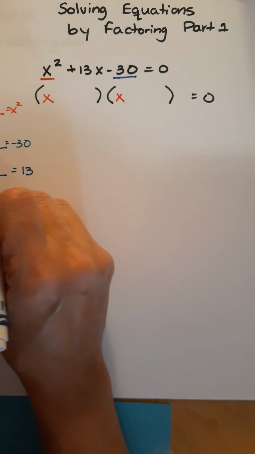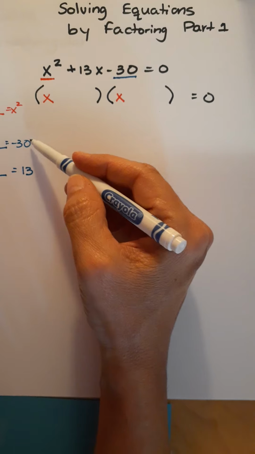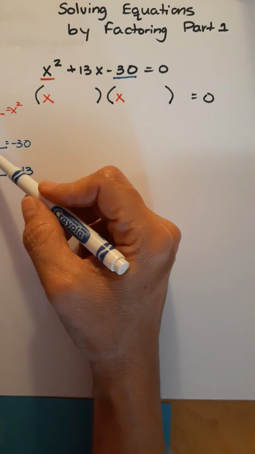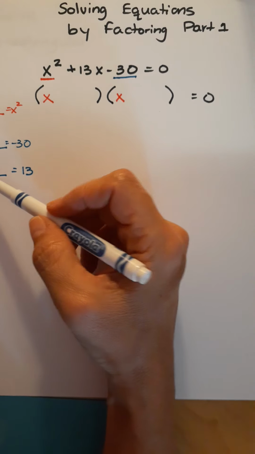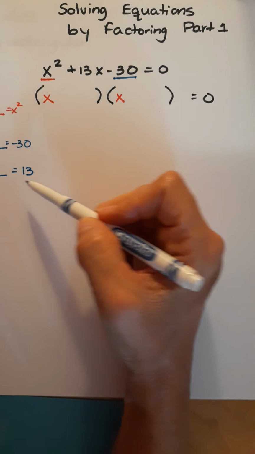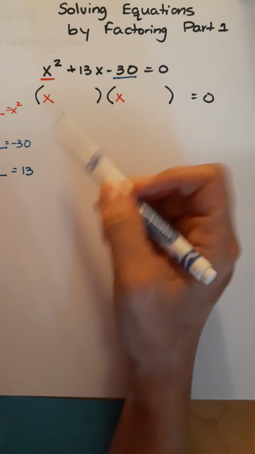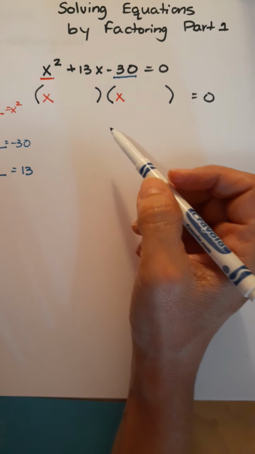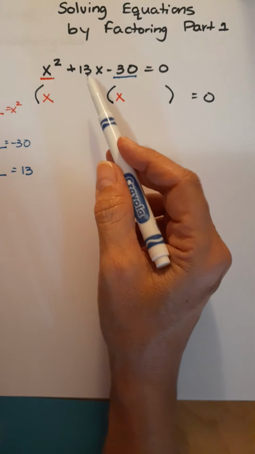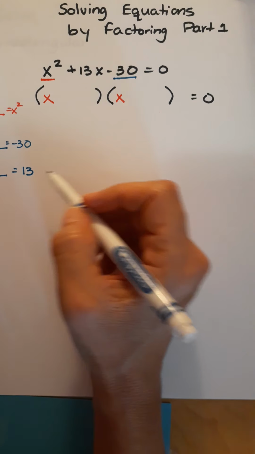So it has to agree with both parts. When you multiply a number times a number, it has to give you negative 30. And when you add those same two numbers, it has to give you positive 13, which ends up being the middle term in this trinomial. So you have to think about what, when you add it up, is going to give you 13.